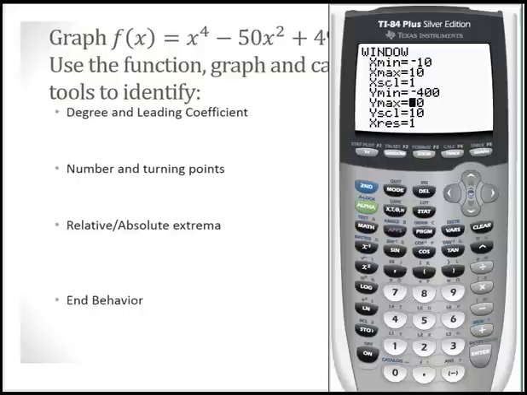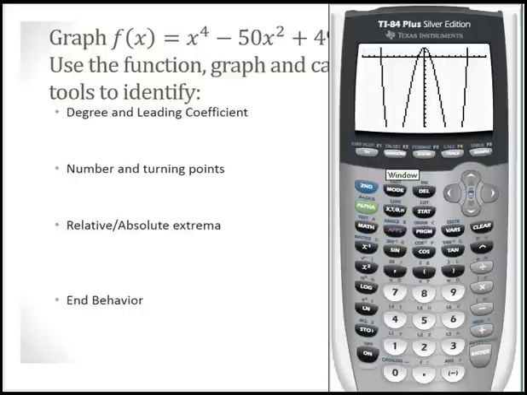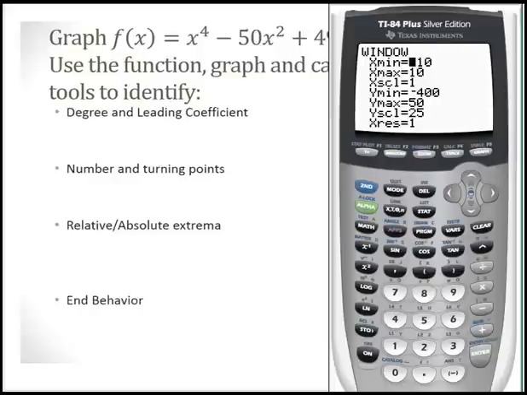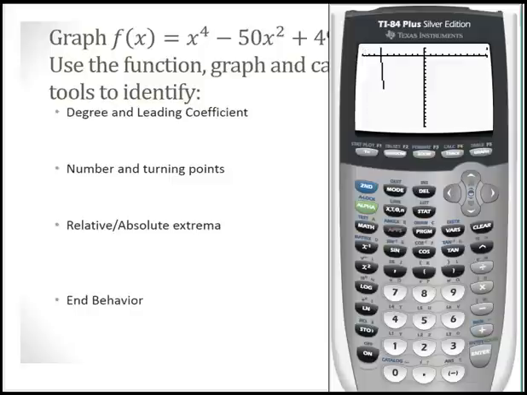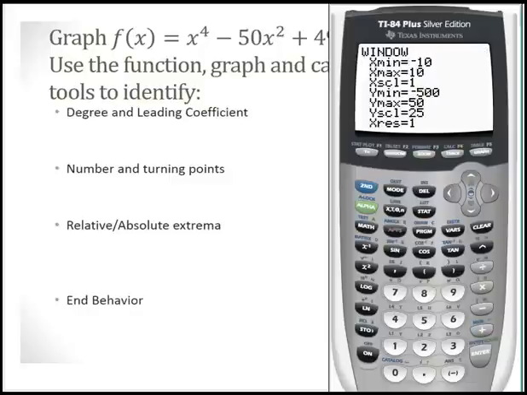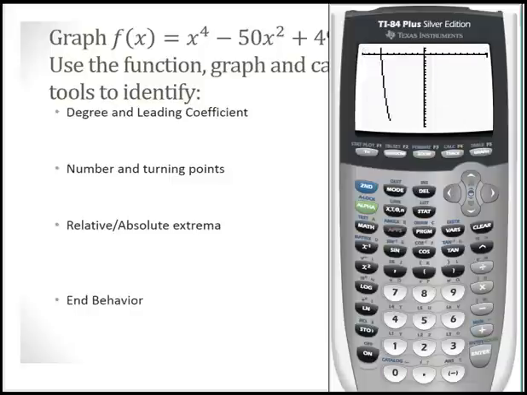And while I'm here, I'll change my scale to 25s. Almost there. About -500 on the y minimum. A little further. This is something you have to do sometimes. Okay, now I've got a better picture of the graph.